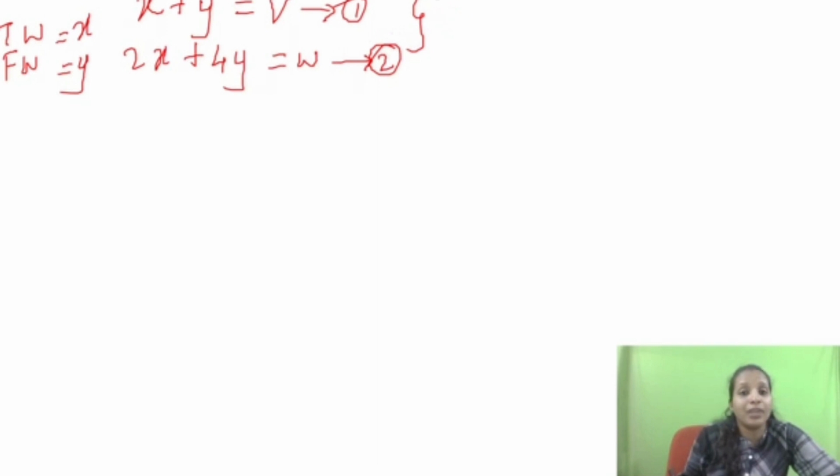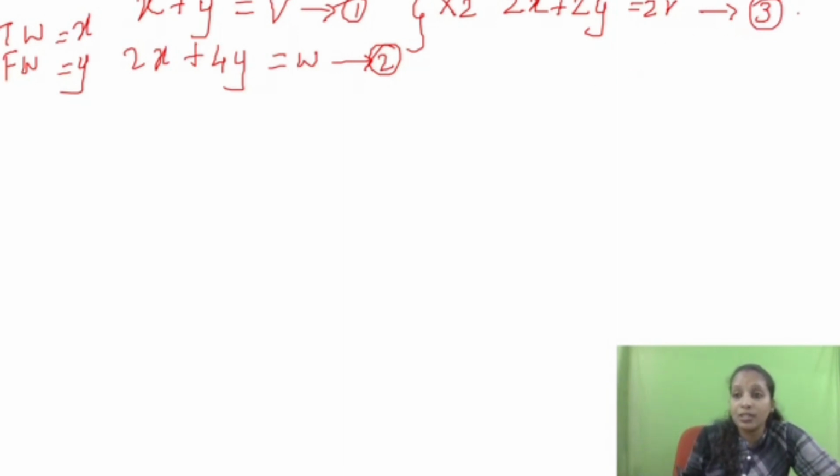For that, if we multiply equation 1 by 2, it will result in 2x plus 2y equals 2v. So subtracting equation, let's take equation 3.